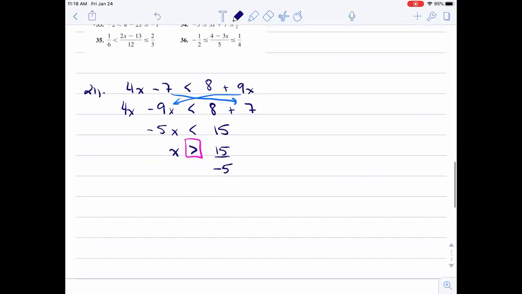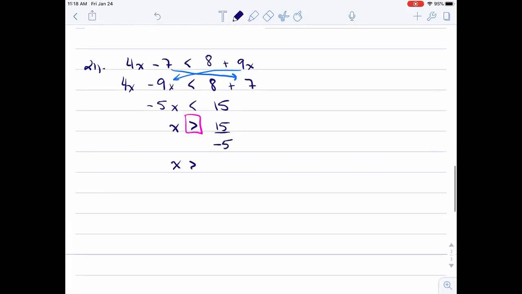So 15 divided by negative 5, x must be greater than negative 3.